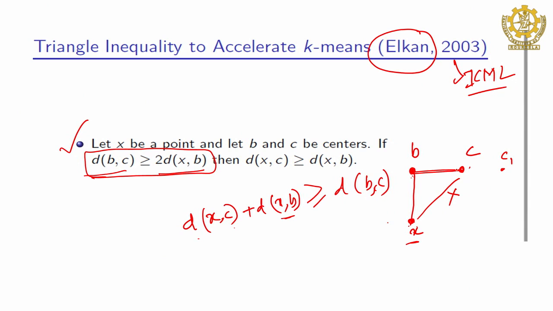We write x to b instead of b to x, and x to c. So, distance from x to b plus distance from x to c is greater than or equal to distance from b to c. There is no confusion from the triangle inequality: distance from here to here and distance from here to here is always greater than the distance from b to c.